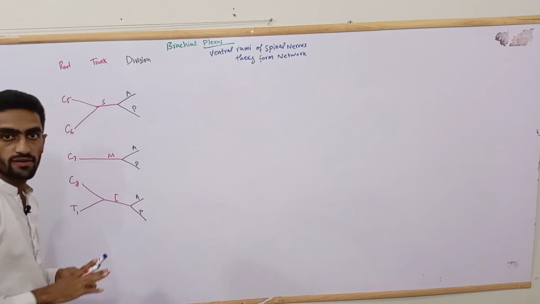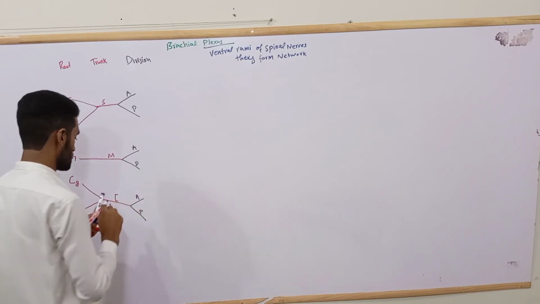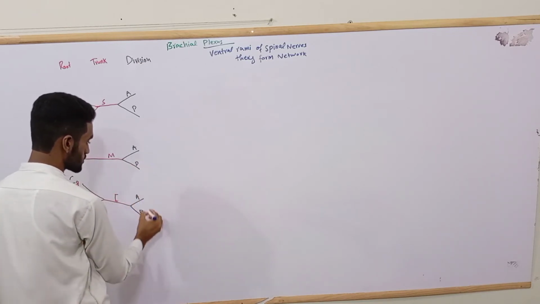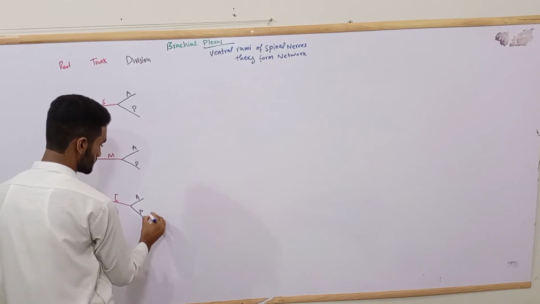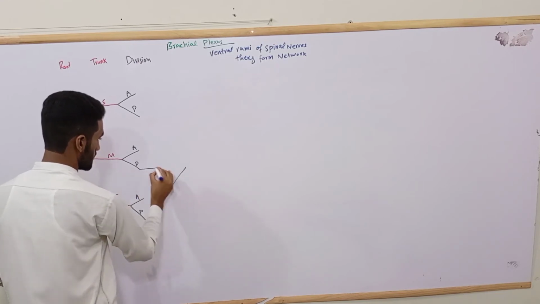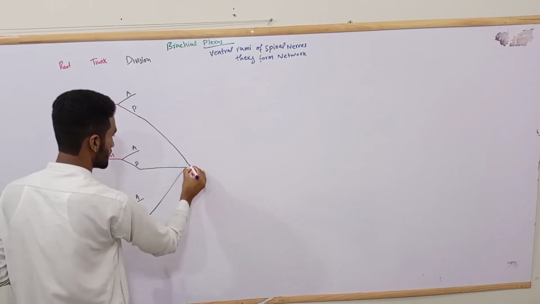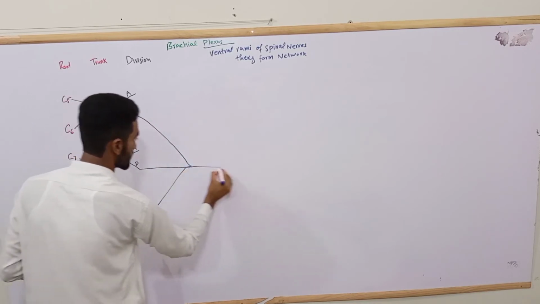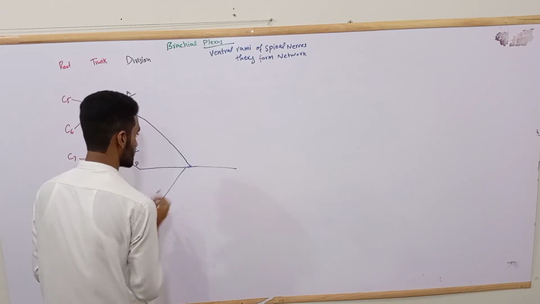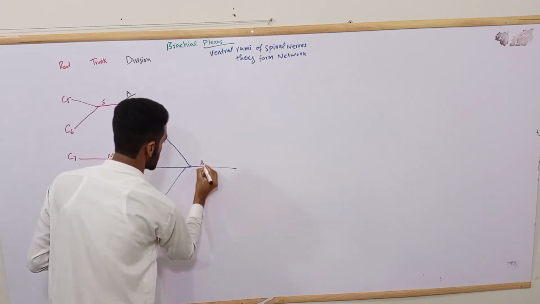Now look at the cord formation, how they are formed. The posterior divisions of all three trunks form the posterior cord.